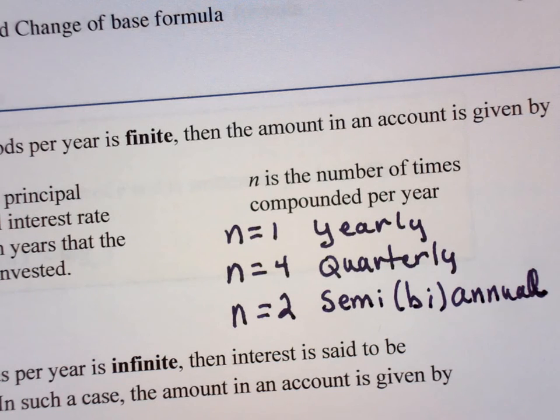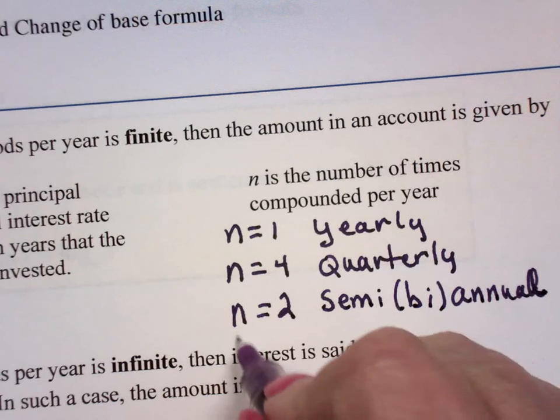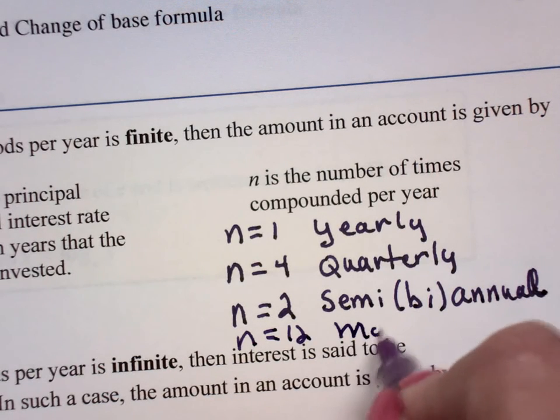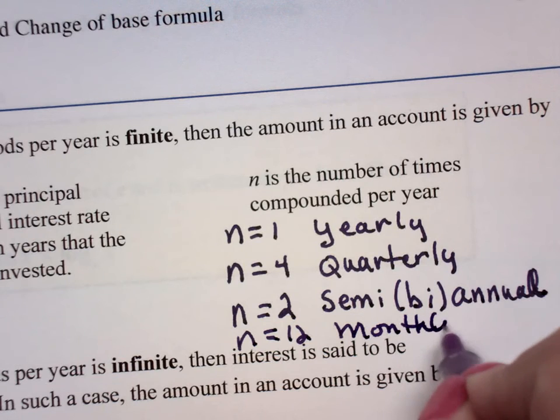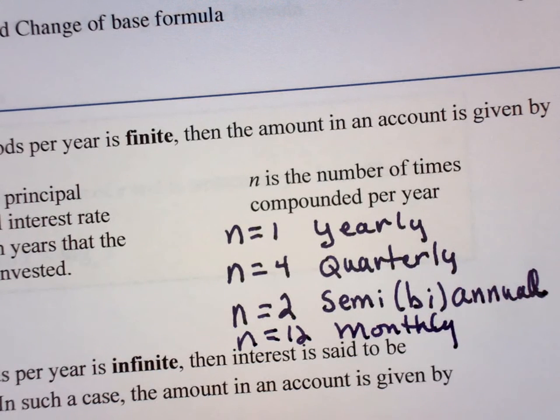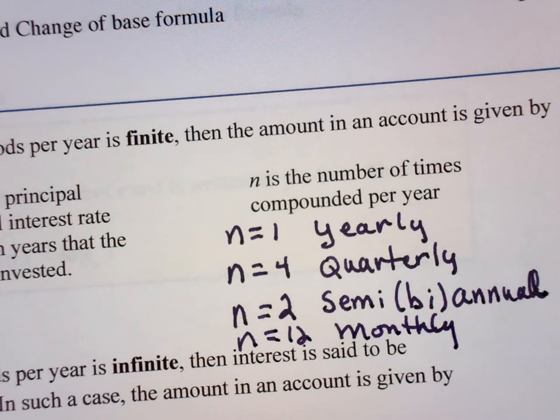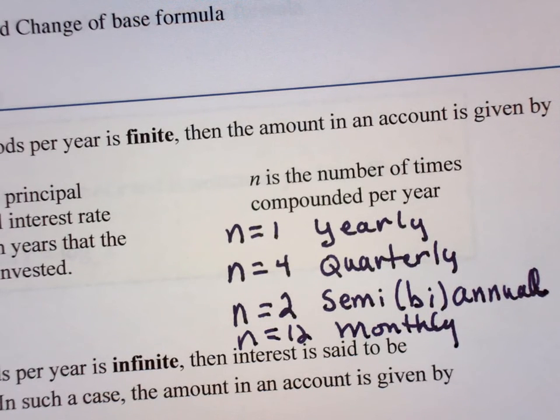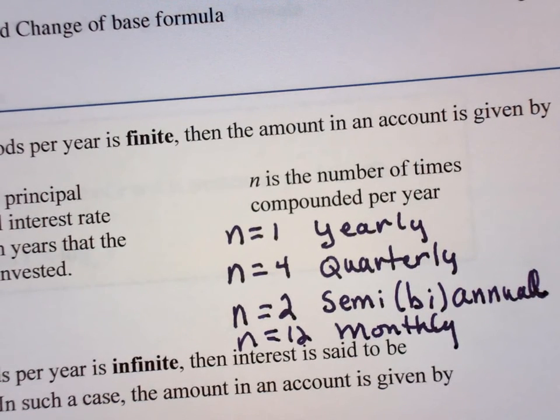The one you run into most often is quarterly. By the way, you could have n equal 12. I think your book has some of that. That's monthly. You could have daily, that's 365. At the end of every day, it stops, does a calculation, puts interest in, and moves on. But you don't see much of that. So it's a plug and chug problem.